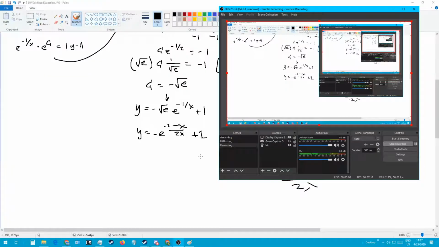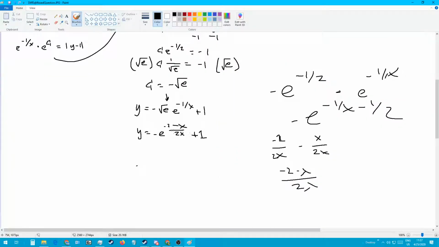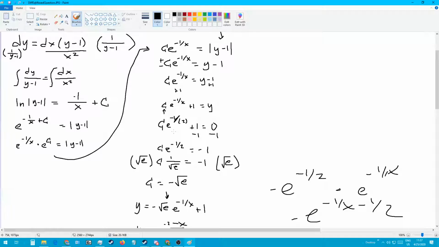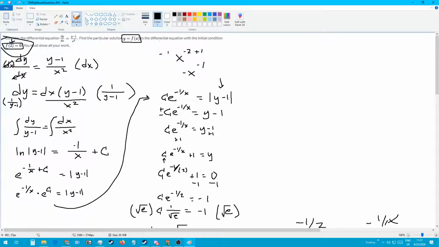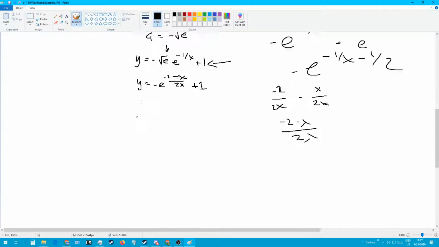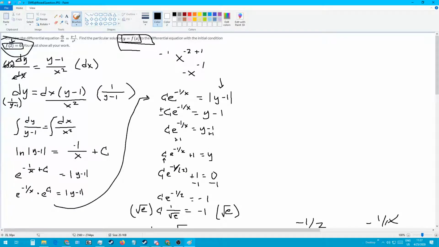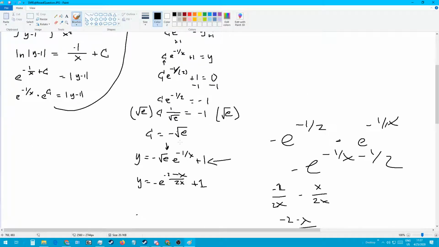And it wasn't simplified, so it didn't have to be, hold up. So that's that. So we found the particular solution. We got f of 2 equals 0. Once we plug that in, we find c.